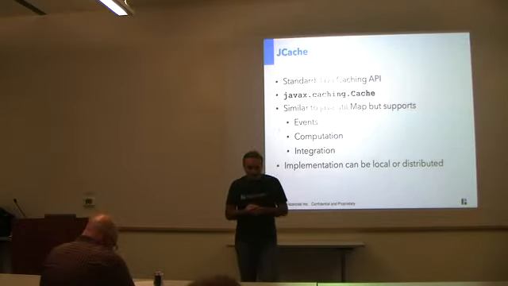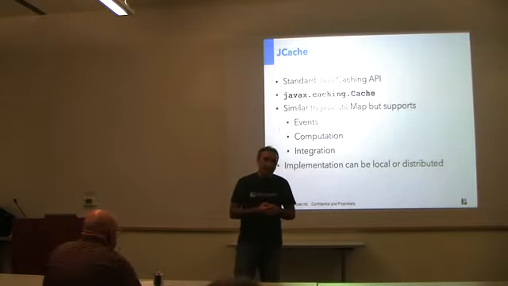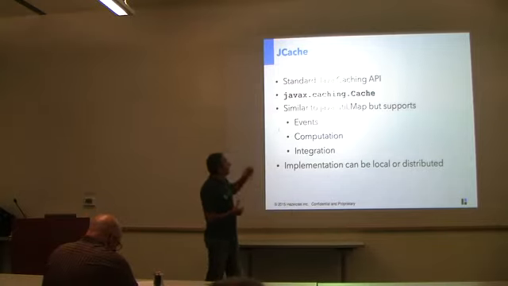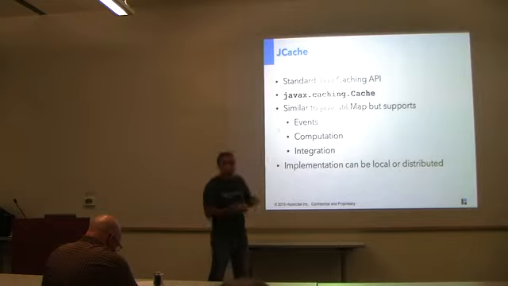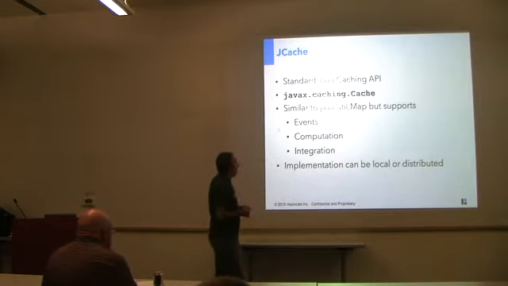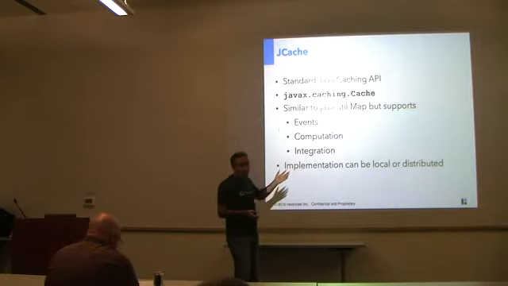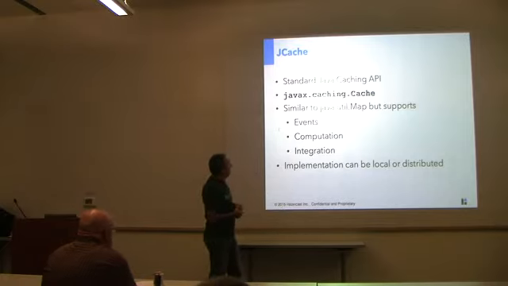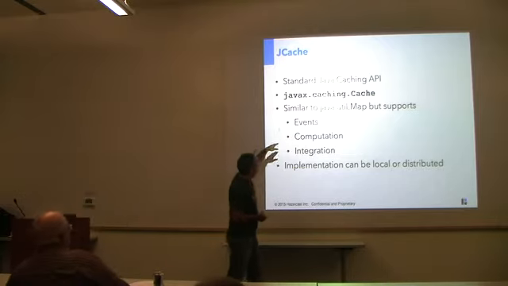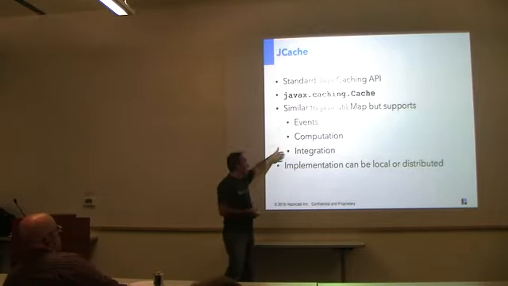So you'll see containers and Java servers implementing that. Everybody will be using this interface from now on for caching in Java. And Hazelcast is, of course, an implementation of JCache. It's pretty much like Java Map, but it supports events, computation, integration.